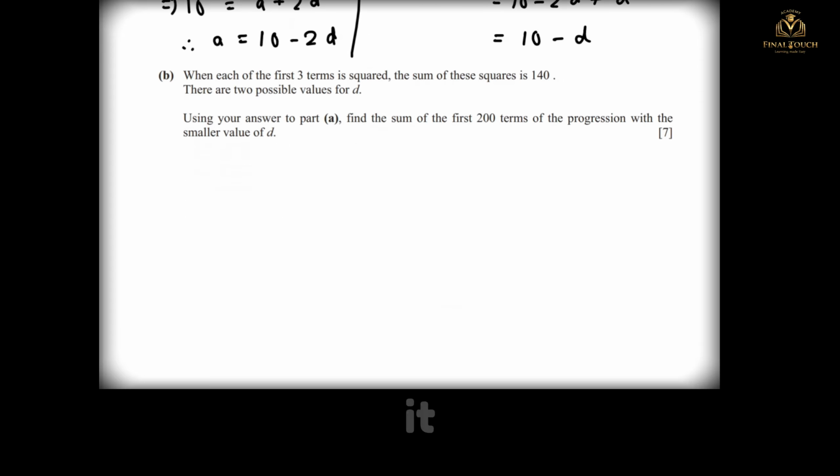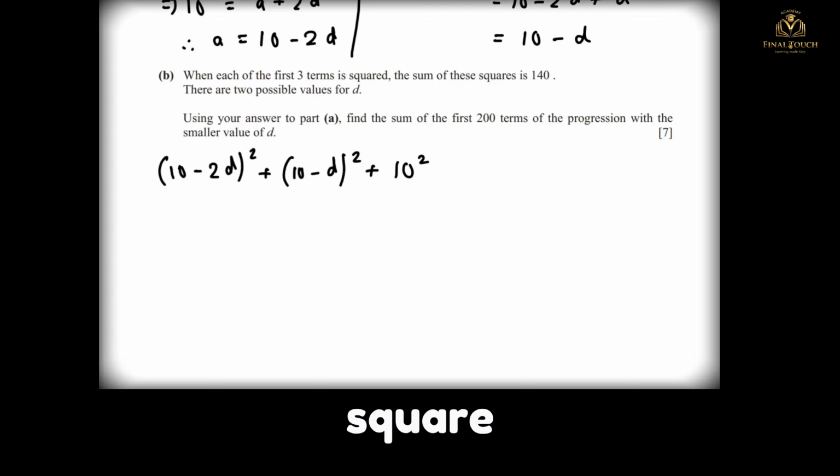For the second question, it tells us when each of the three terms is squared, the sum of the squares is 140. There are two possible values for d. So firstly, we will just square the three terms and add them up. A was 10 minus 2d, that's whole squared, plus (10 minus d) whole squared, plus 10 squared equals 140.